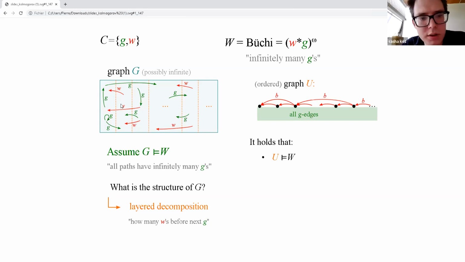And the claim is that by adding all these edges, the graph should still satisfy the objective. So that's maybe a good universal graph-less statement, saying any graph has a layered decomposition into ordinals where the layers are well founded, and such that I can close with respect to this decomposition, so add a number of edges, and still satisfy the objective.